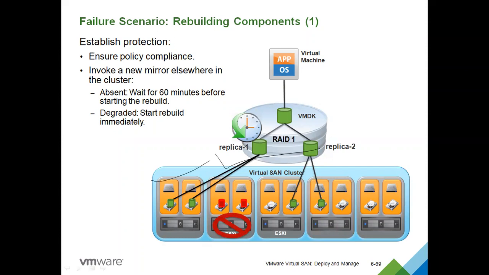Correct? So if any component is absent, it will wait for 60 minutes. If it's considered degraded, it will start immediately. So simple: degraded is some direct failure. Absent is something that will come back after some time, so it will wait, right?